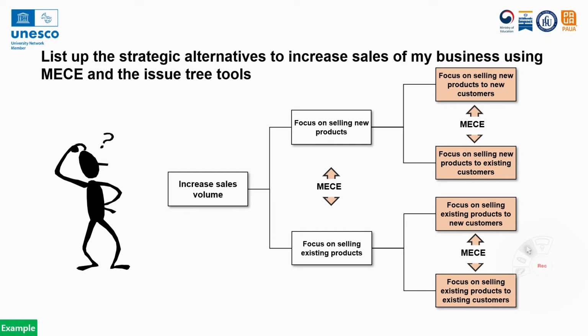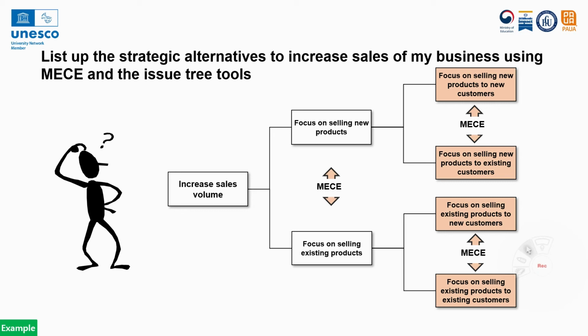So this is an example of listing strategic alternatives to increase sales of my business using MECE and the issue tree tools. So I want to increase my sales volumes. That's the something I want to tackle.